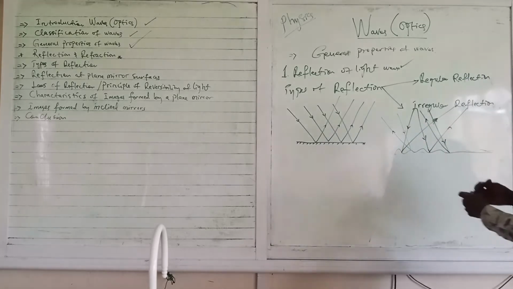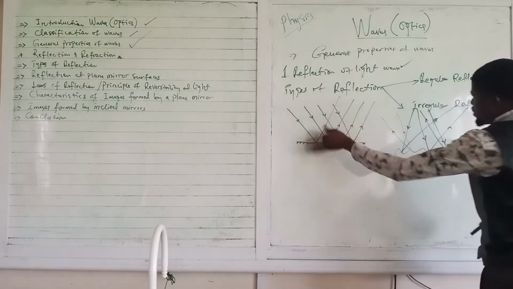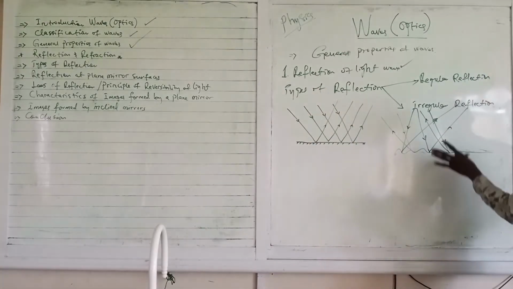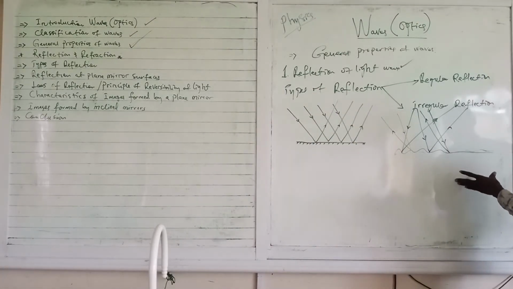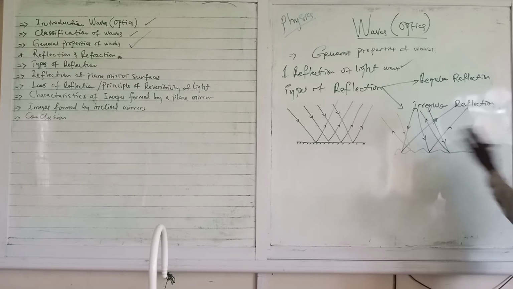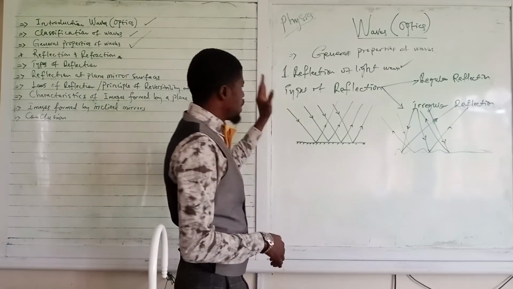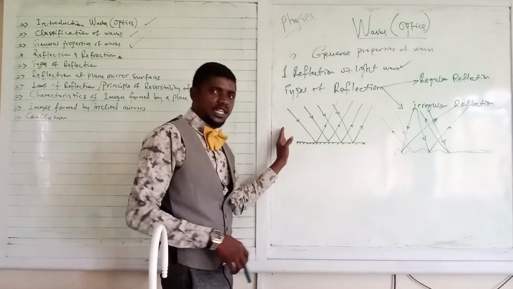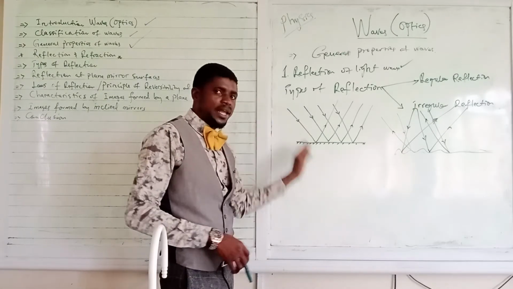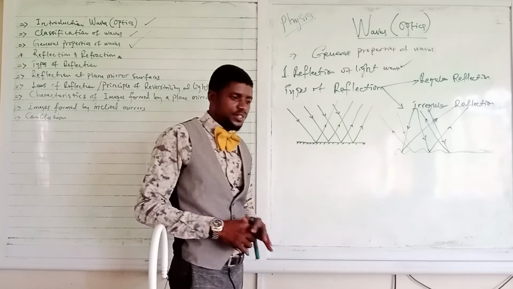So you see that this is more organized and this is more disorganized. So we call this irregular or scattered reflection, reflection that occurs at rough surfaces. We call this uniform or regular reflection, reflection that occurs at plane or smooth surfaces.